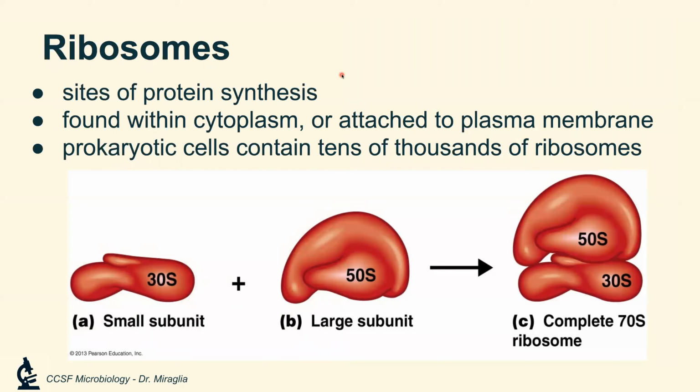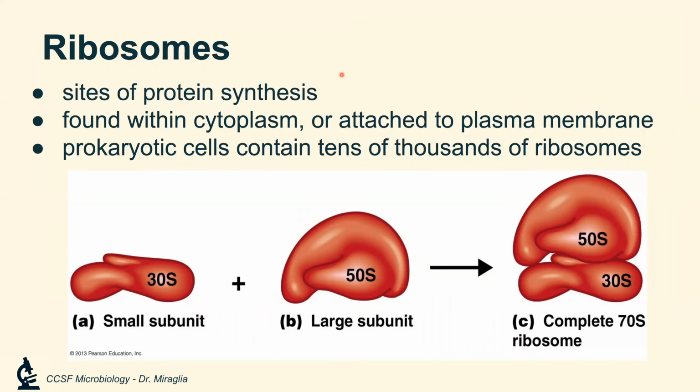Also inside the bacteria are ribosomes. Bacteria have ribosomes just like you do. These are not surrounded by membranes in either eukaryotic or prokaryotic cells, and these are the sites of protein synthesis. They're found in prokaryotic cells either in the cytoplasm or attached to the plasma membrane.